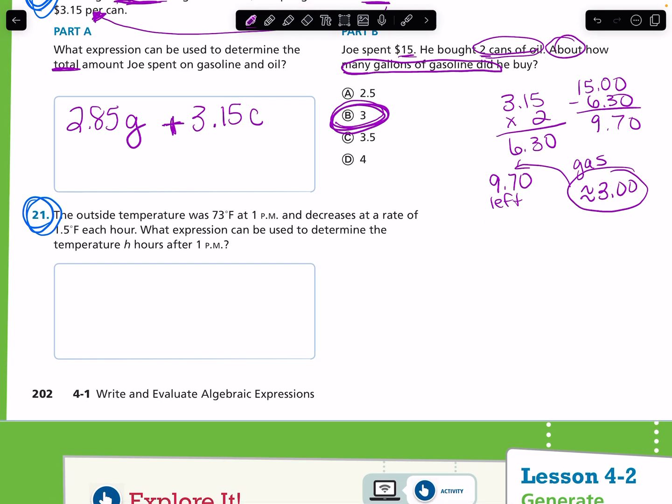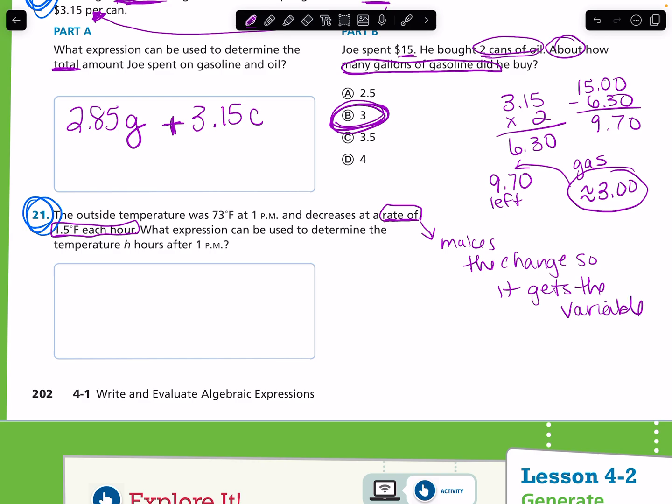Okay, 21 is another problem. The outside temperature was 73 degrees at 1 p.m. and decreases at a rate of 1.5 Fahrenheit each hour. What expression can be used to determine the temperature H hours after 1 p.m.? So since it says rate per hour, that is telling me this makes the change. So it gets the variable. Okay, so it starts at 73.